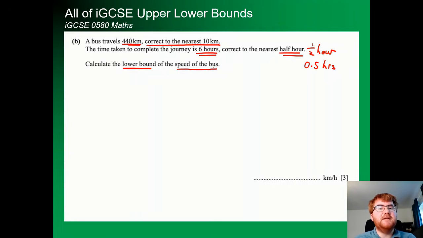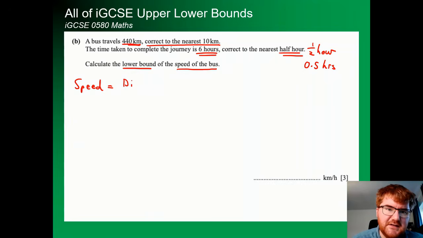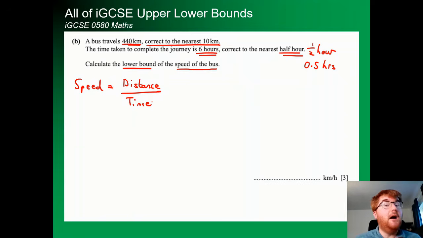Now, as soon as I see a speed question, generally speaking, again, this could be on any iGCSE question, remember that speed is equal to distance divided by time. So let's write down the upper and lower bounds for both distance and time, and let's see how that fits in to get our lower bound. So we've got 440 kilometers, correct to the nearest 10, divide that by 2, we get 5 kilometers.